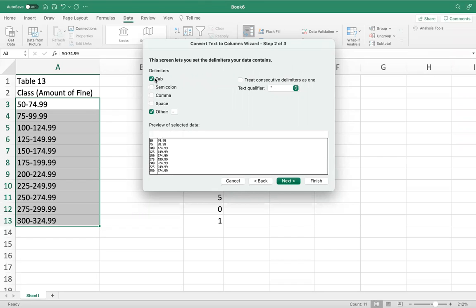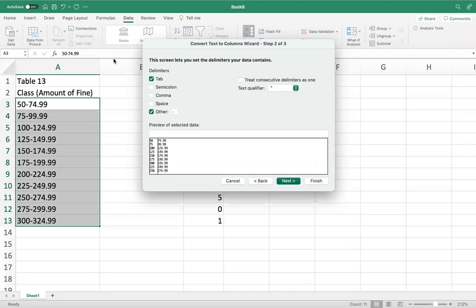Over here, we could separate with tab, but we don't have any tabs. We could separate with semicolons, that's if we add a semicolon between these two, or comma, space, anything. So we're going to hit other because we need to separate between these tack marks. This is what the list looks like right now, and this is what it's going to look like.